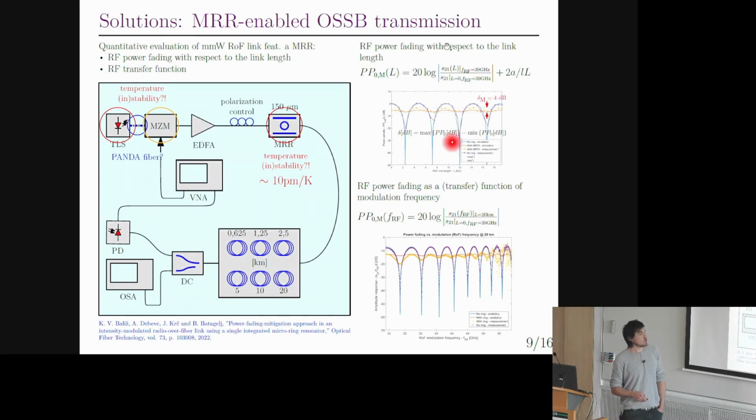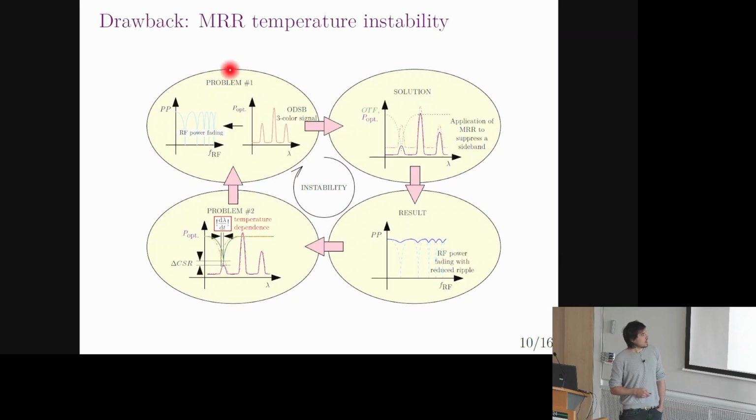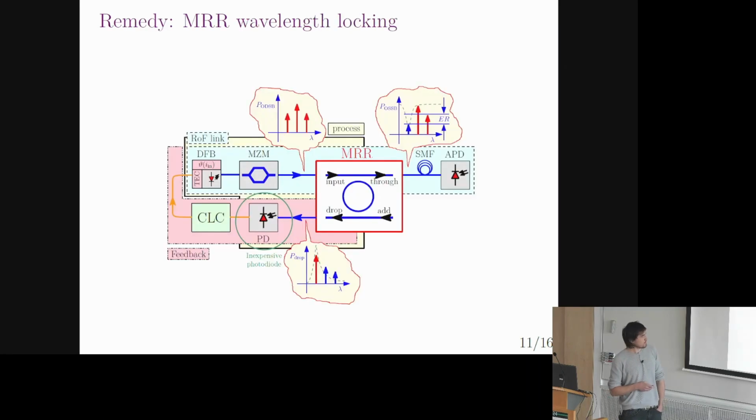So we don't want that to be dependent on time, right? This figure actually shows what happens. We were able to treat the behavior by suppressing one of the sidebands, but due to the temperature sensitivity, this gets corrupted once again. So the next task was to treat this problem.